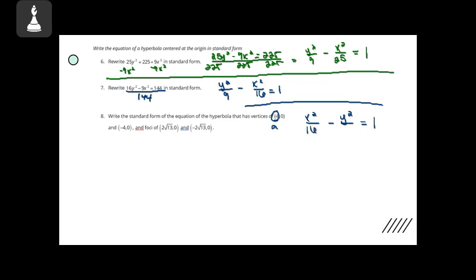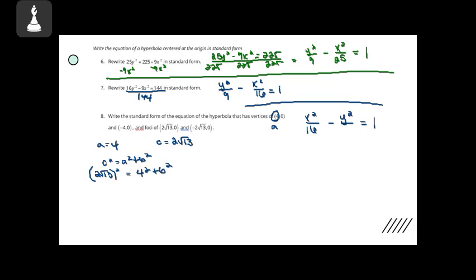So if a is 4, and we have our foci, so we have c, 2 root 13. Now we need to work backwards to find b. So we know that c squared equals a squared plus b squared. So 2 root 13 squared equals 4 squared plus b squared. Now, 2 root 13 squared, you could type that in a calculator.